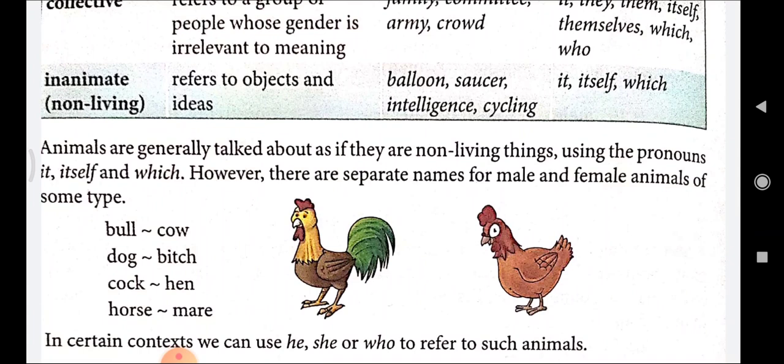However, there are separate names for male and female animals of some types. Examples given here are bull, cow, dog, bitch, cock, hen, horse, mare. So in context to this, we can use he, she or who for such animals.